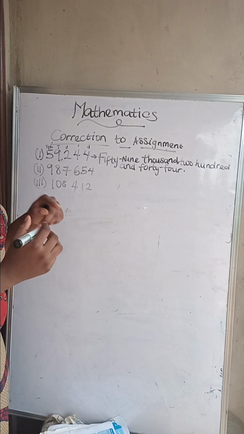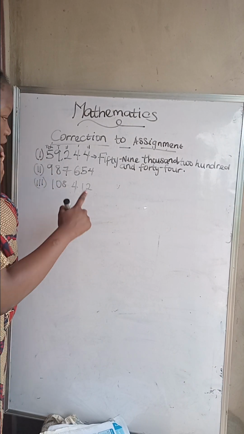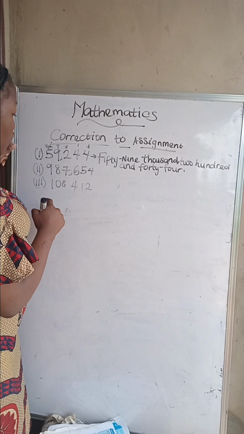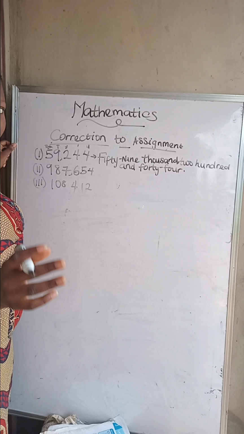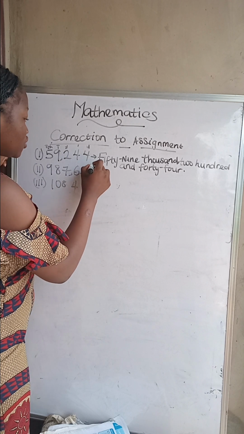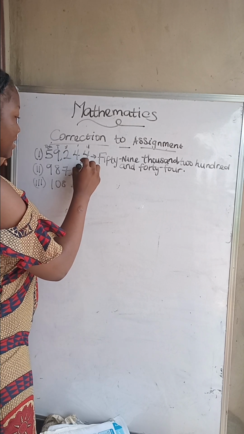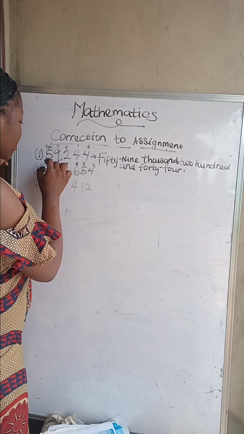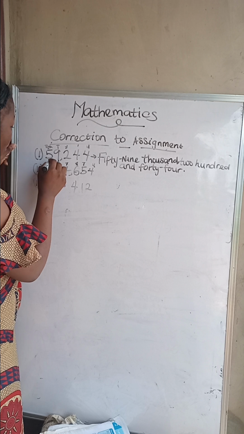We go to the next one. So the first rule is what? Place your comma. 1, 2, 3. So we know it stops here. So we start with units, tens, hundreds, thousands, tens of thousands. Then we have our what? Hundreds of thousands.